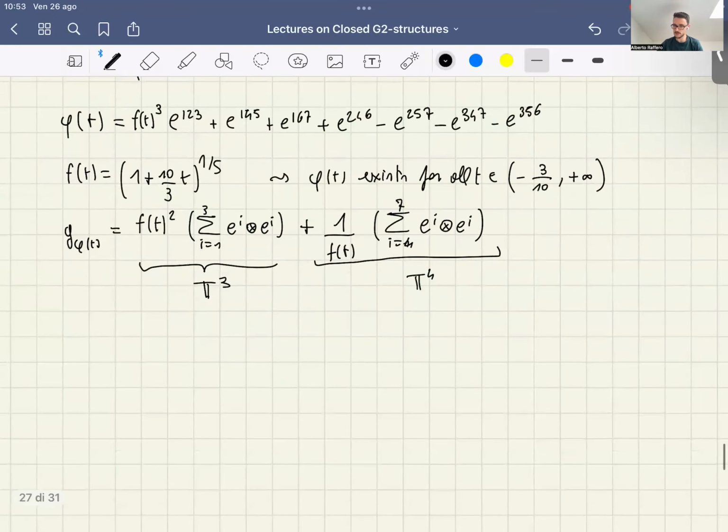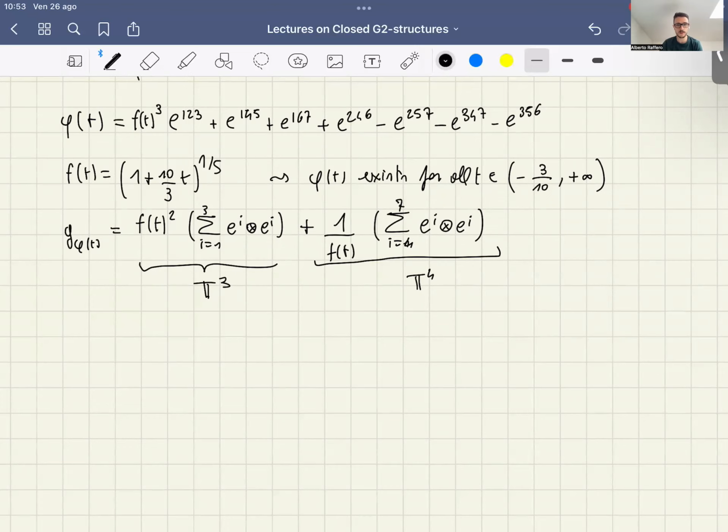Okay, so this is what I wanted to say about the Laplacian flow, which of course is not all that you can say, but you may have a look at the references I gave you if you're interested in seeing, for instance, the analytic properties of the flow.